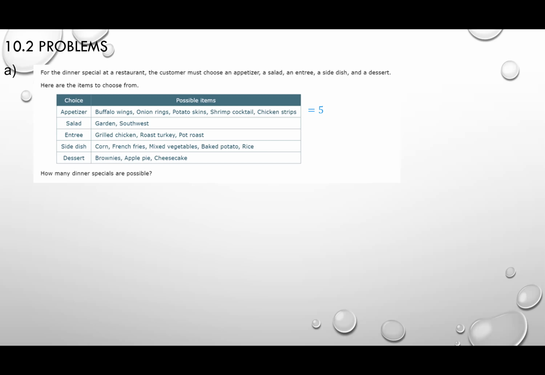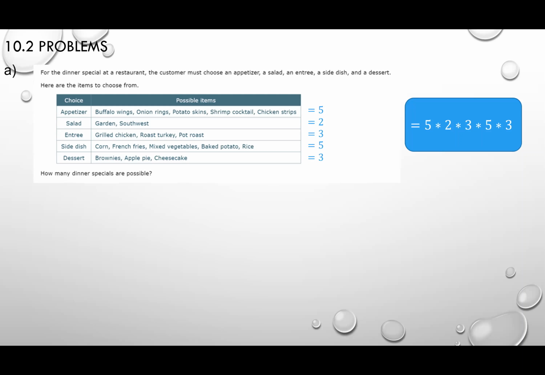Do you agree that the appetizer you have 5, the salad you have 2, the entree you have 3, the side you have 5, and the dessert you have 3? Meaning, we have 5 different categories, and for each category we need to know the total. Because the fundamental counting principle tells me that if I know the total of each group, all I need to do is take each of the totals and multiply them together.